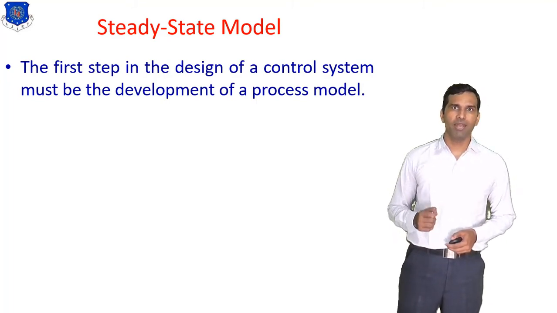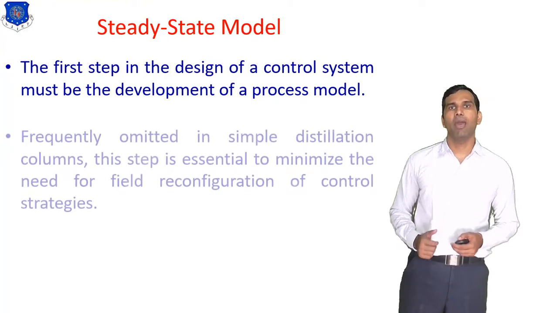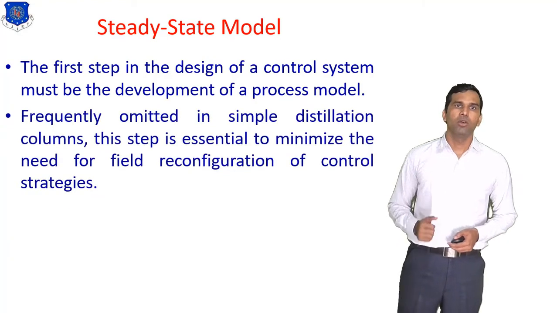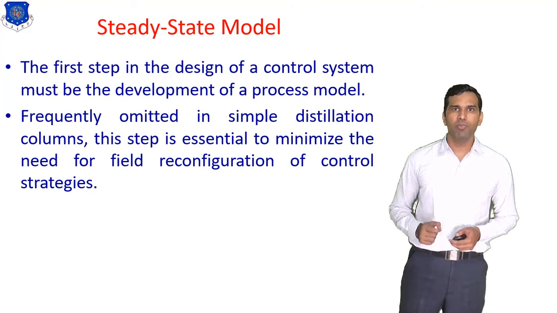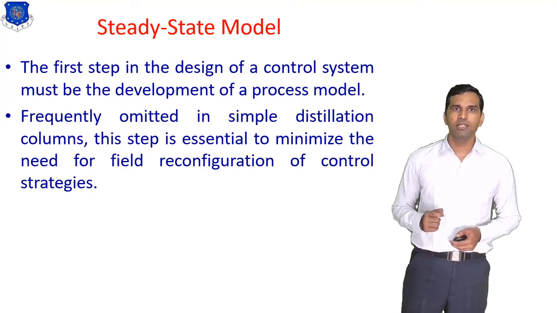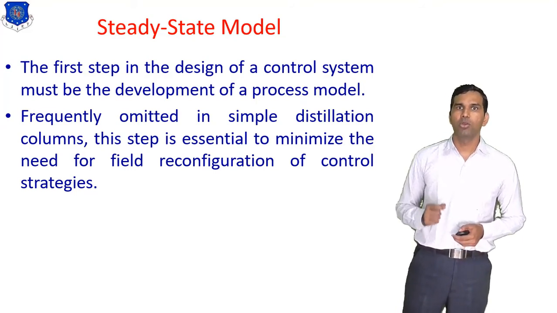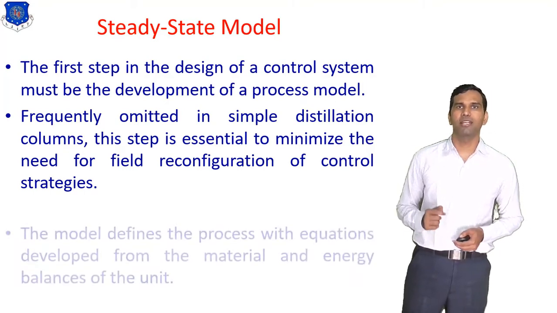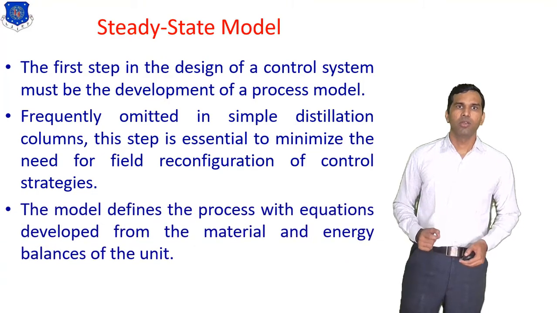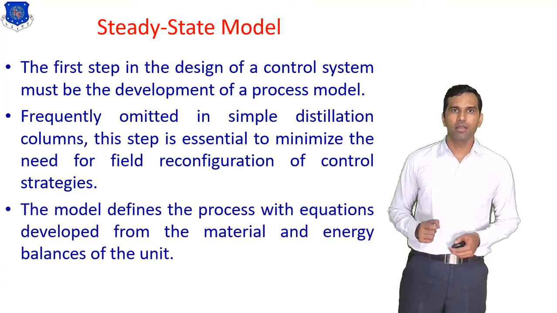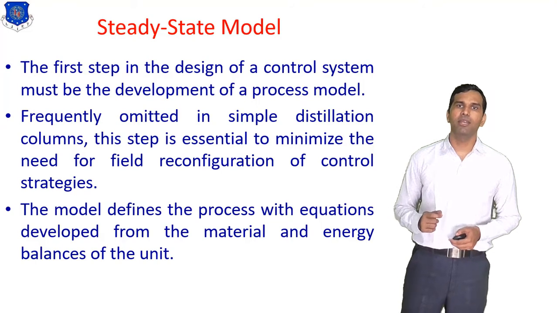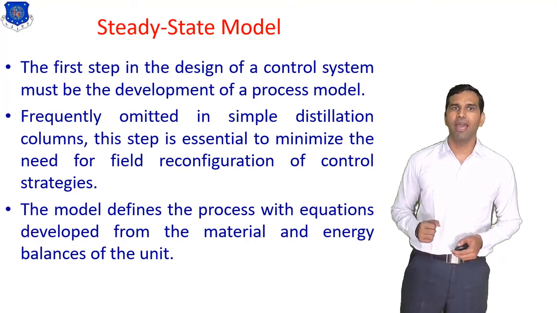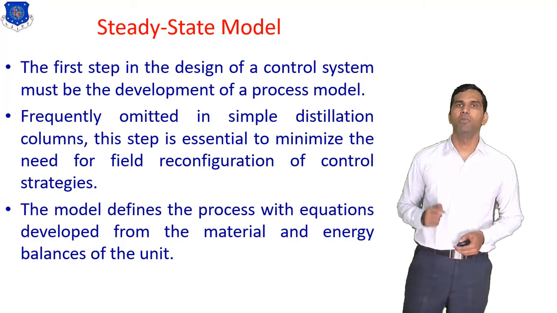So it is a very essential step of any system, even in a simple distillation column. This step is essential to minimize the need for field reconfiguration of control strategies. The model defines the process with equations developed from a material and energy balance of the unit.